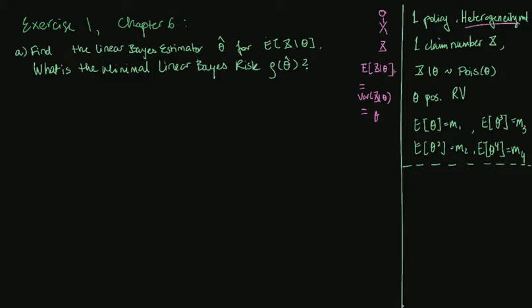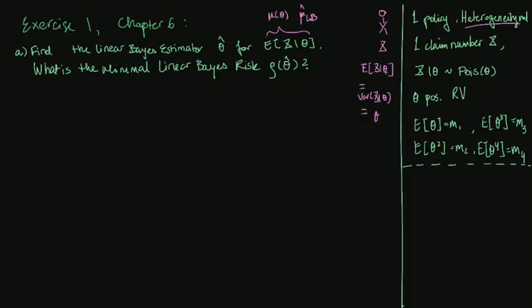We are asked then to find a linear Bayes estimator for the expected value of the claim number given theta. Now, normally we denote this thing using mu of theta, right? And normally we will denote its estimator using mu LB hat, where hat stands for estimator and LB stands for linear Bayes.